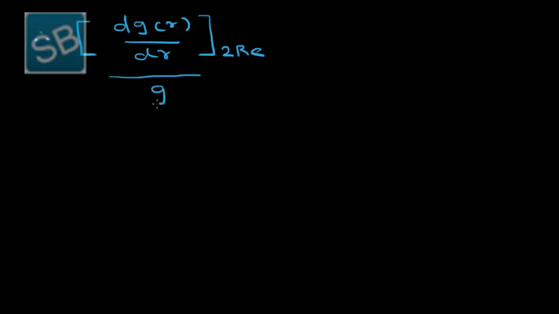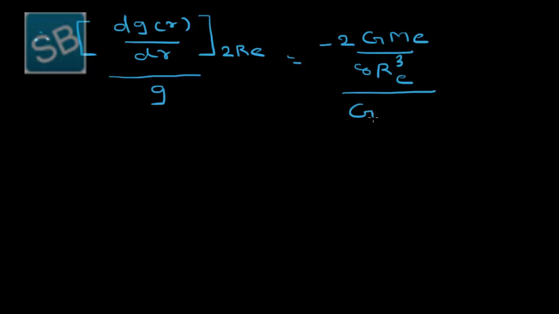And therefore, dg(r) by dr at twice of RE divided by g is equal to minus 2GMe over 8RE cube, divided by GMe over RE square.